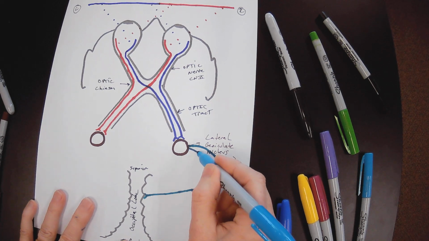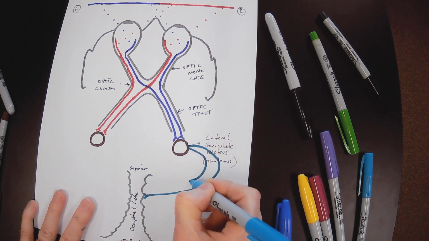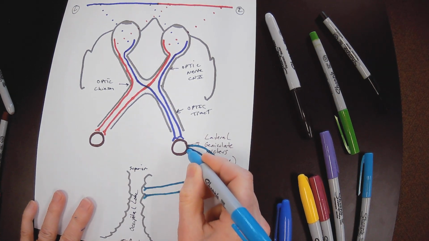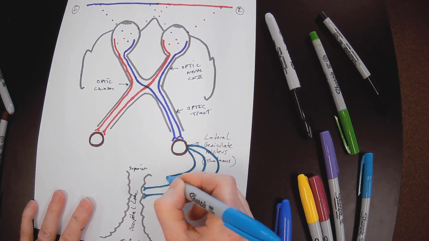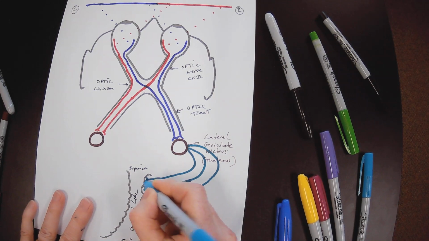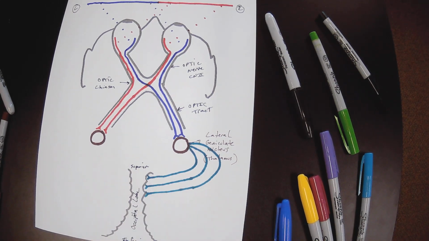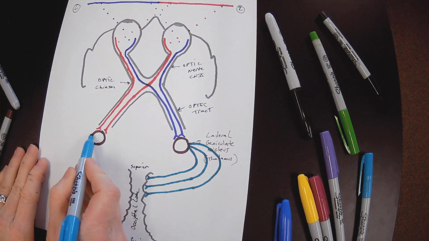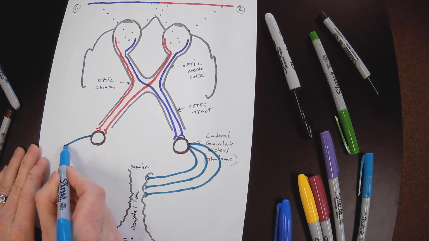Okay, so I'll make 3. In reality, this is overly simplified, but realize there's a lot of different axons that are coming out here. But all of these axons are going to synapse in the superior portion of the occipital lobe. Okay, that's going to happen on the right side, and it's also going to happen on the left side. So these kind of swing way out here.